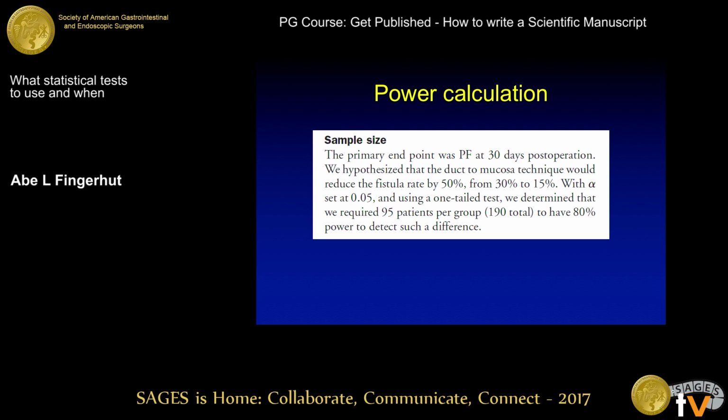It leads to what we call power calculation. It's very important for a power calculation. Even if it's not a randomized controlled trial, some cohort studies, in order to come to a conclusion, you have to have sufficient population, sufficient numbers in the samples. And the sample size is what we call a power calculation.